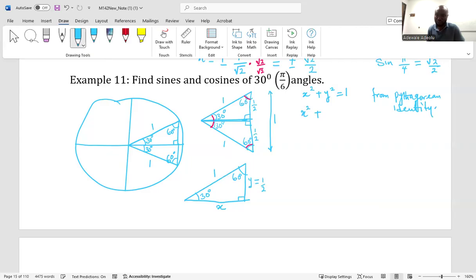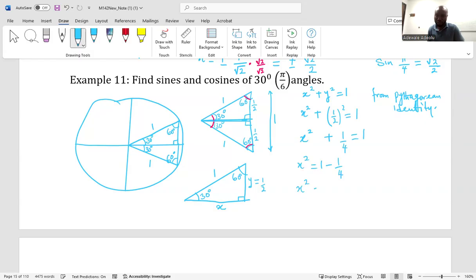x squared plus y, which is 1/2, squared equals 1. Let me do one more step: x squared plus 1 over 4 equals 1. So x squared equals 1 minus 1 over 4.